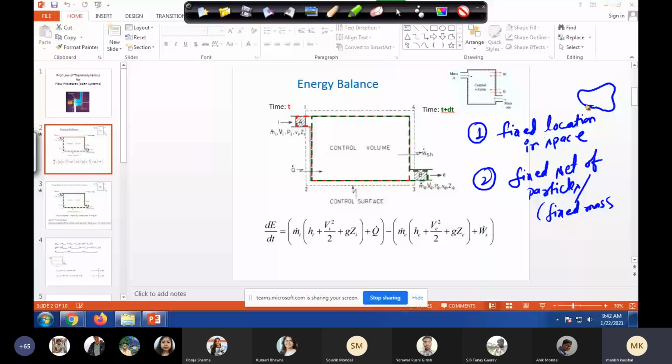No, so it's not wise. From a calculation and analysis point of view, it's almost impossible. Even today you can do some very specialized experiments where you can follow molecules, but otherwise, as an engineer, we are looking for practical solutions. So following a fixed set of mass is never practical, right, Tanay? You got convinced? Yes, I get it. But in all the properties, we generally take the average motion.